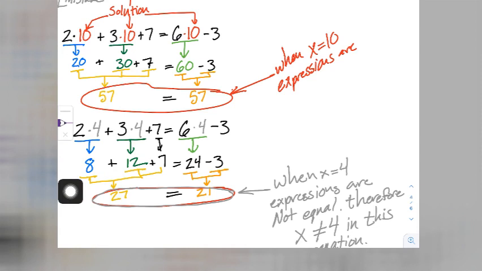That is not a true statement. When x equals 10, the expressions are equal. Therefore, x equals 10 is the solution.